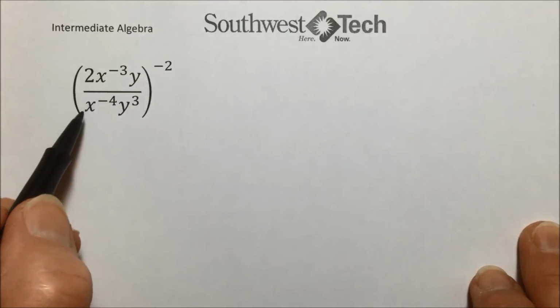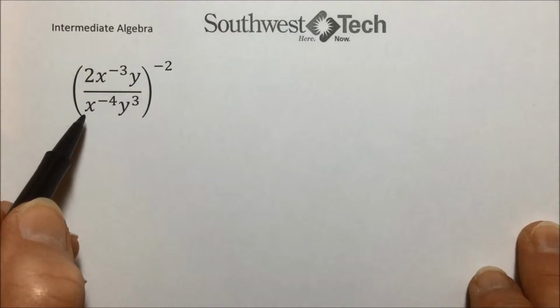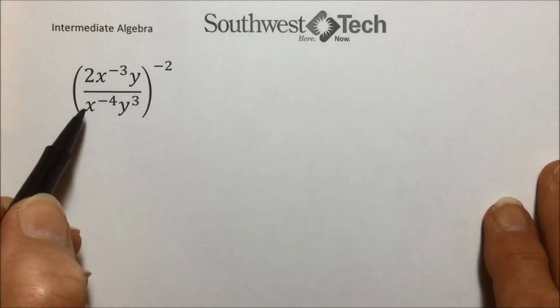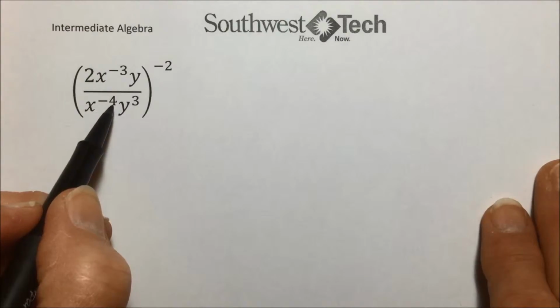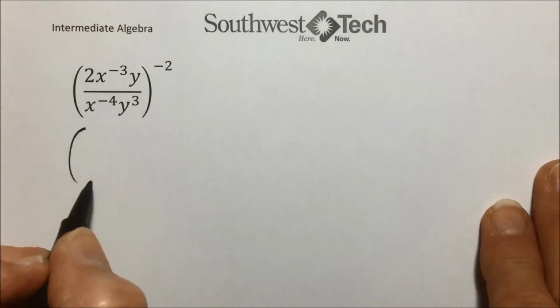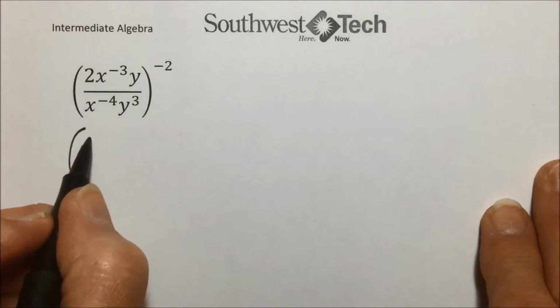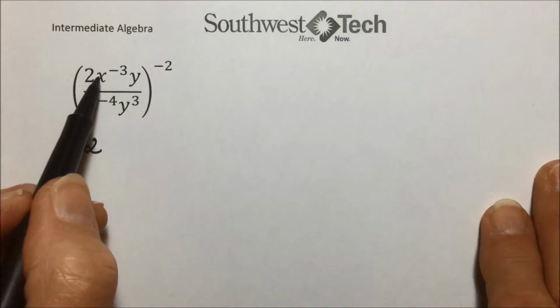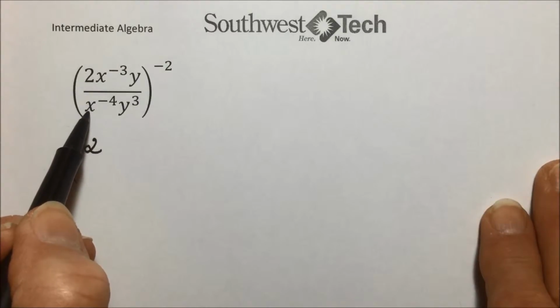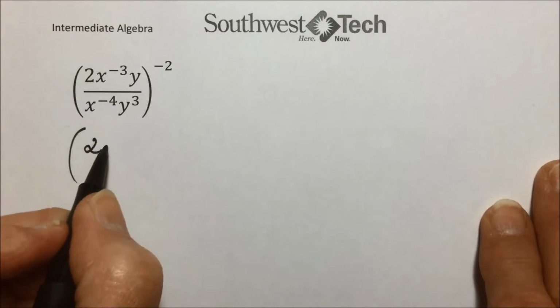We have common bases where we can combine our common terms with exponents. And inside the parenthesis, we have a 2, so there are no other integers. We'll leave the 2. We have common bases where we can subtract our exponents.